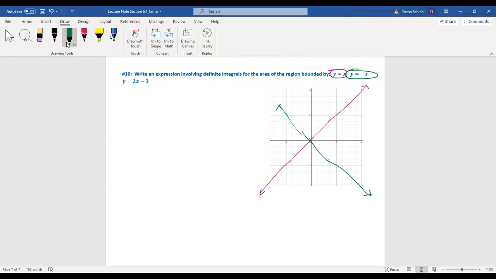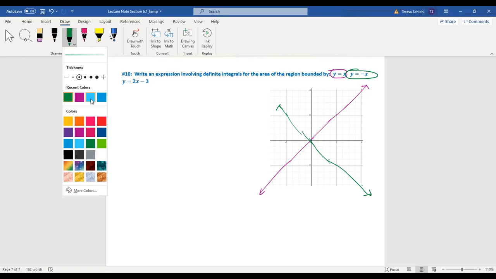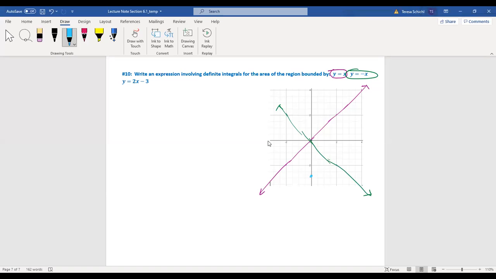Okay, so now let's take a look at the other one here. The other one is y equal to 2x minus 3. So x equal to 0, y equal to -3. x equal to 1, y equal to -1. x equal to 3, y equal to 3.